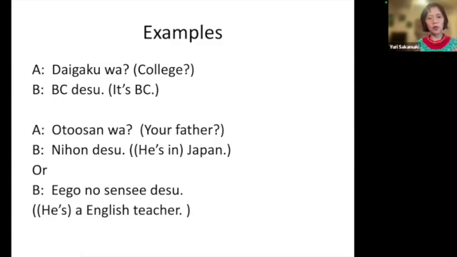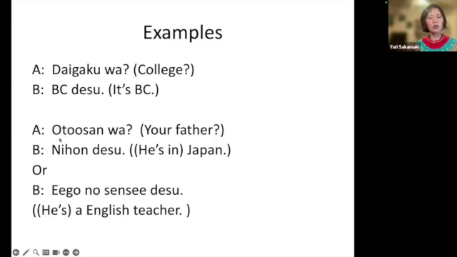But let's say we're talking about where he is. Then the answer might be 日本です。お父さんは日本です。This doesn't mean your father is Japan. More likely he is in Japan. But it's obvious between these two people. So it's very minimal, very short sentences.